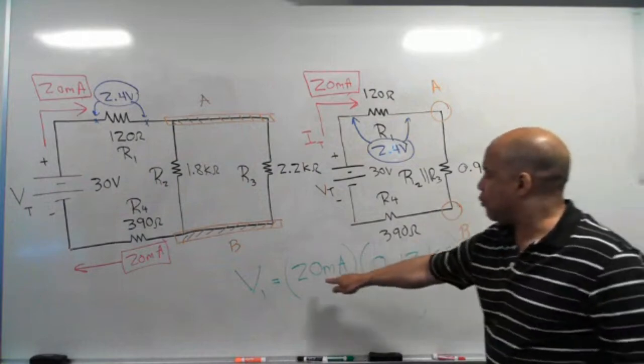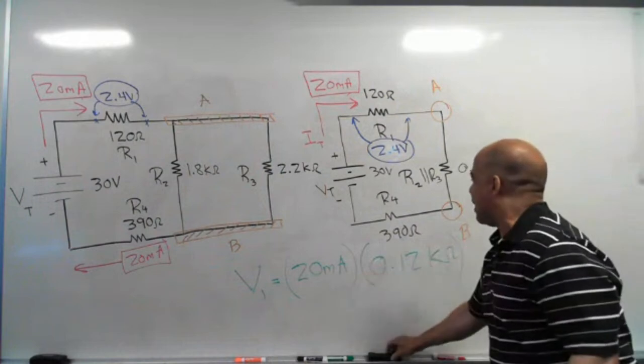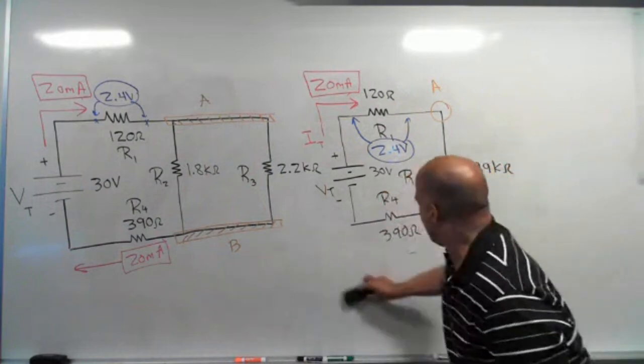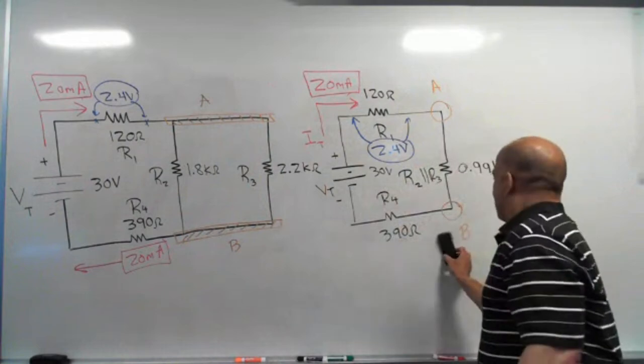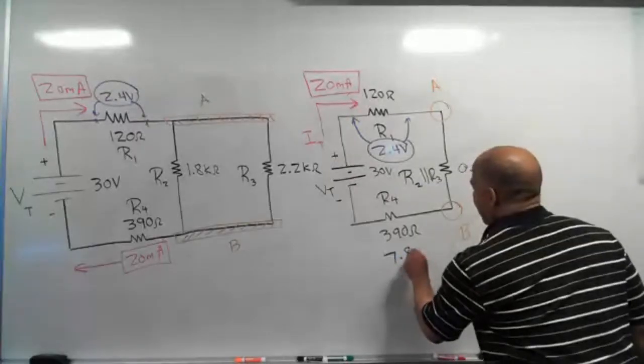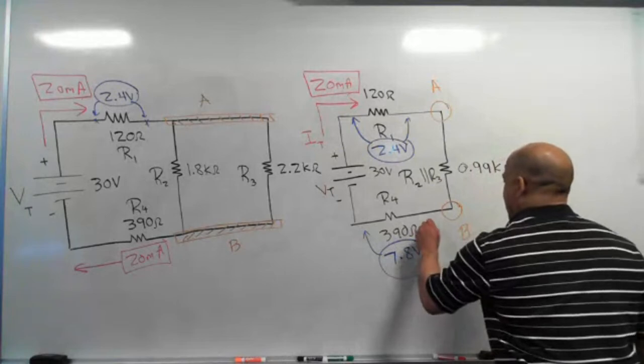What's the voltage drop across R4? 20 milliamps times 0.39 k. What's 20 times 0.39? 7.8. 7.8 volts from here to here.